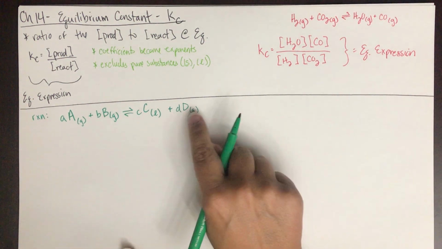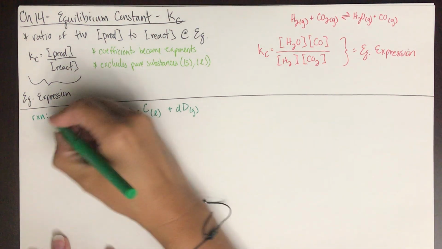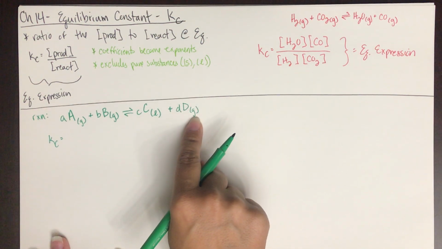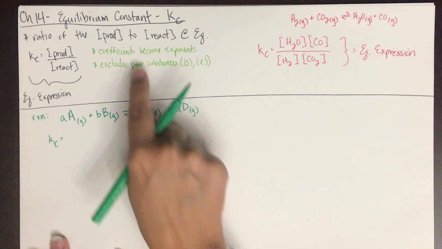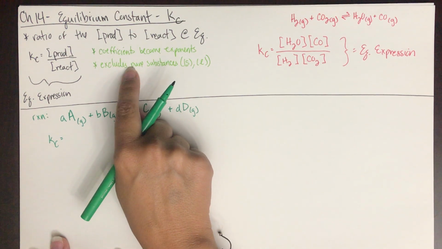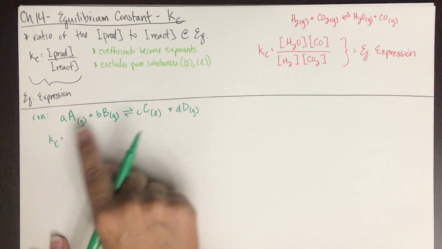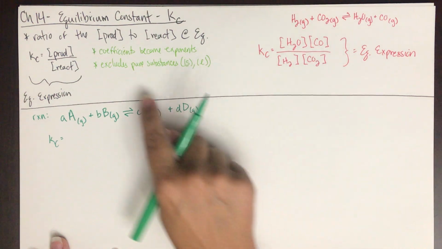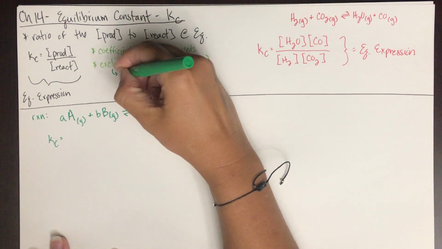So now if I was asked to write the equilibrium expression for this, I would say Kc equals the concentration of the products. Well, now here, this CC, which is a liquid, is excluded because it is a pure substance. It's a liquid, so it's not going to be included in the equilibrium expression. Sometimes you'll see that these, instead of just being totally excluded, are just replaced with a 1.